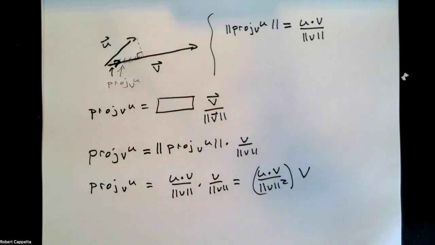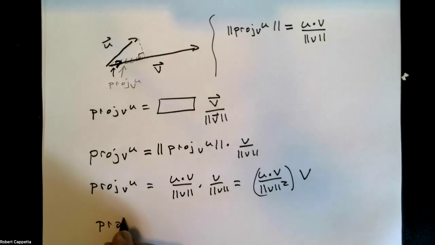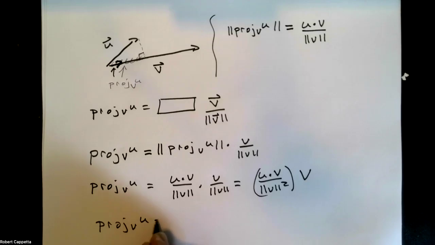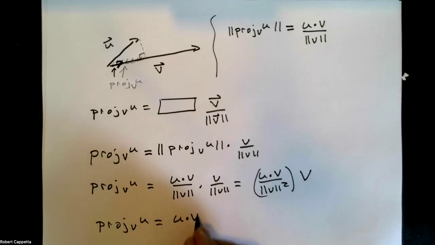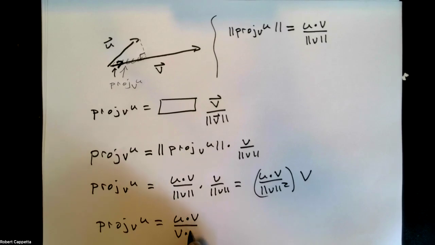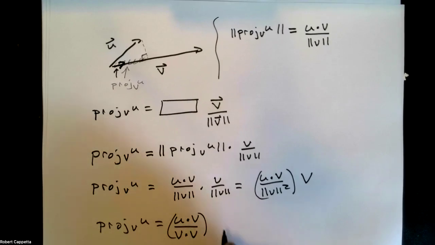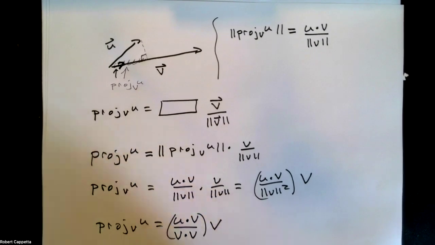So this is our formula for the projection of u onto v. But you may recall that the magnitude of v squared is really v dot v. So I get the projection of u onto v, easier to remember as u dot v over v dot v times v. That's the formula we want to keep in mind in the event we are looking for the projection of u onto v.